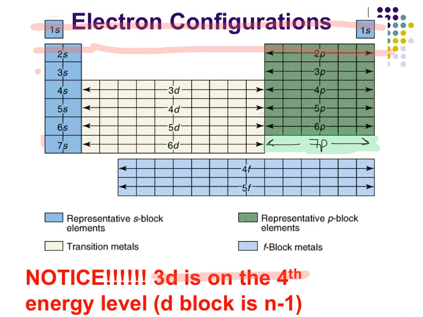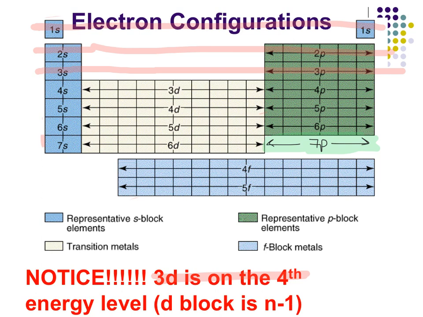Now time to start on my third energy level. I would have 3s and then 3p. Notice how I didn't cross 3d as I went from the s to the p block. The d is after the 4s orbital. That is on purpose. That's why the periodic table is kind of a good trick.